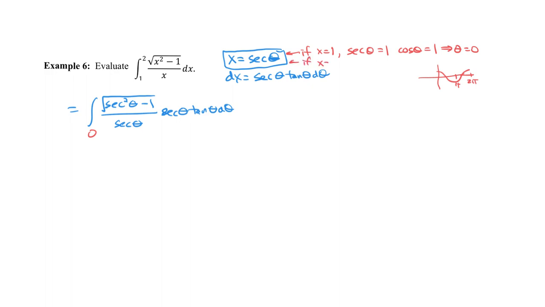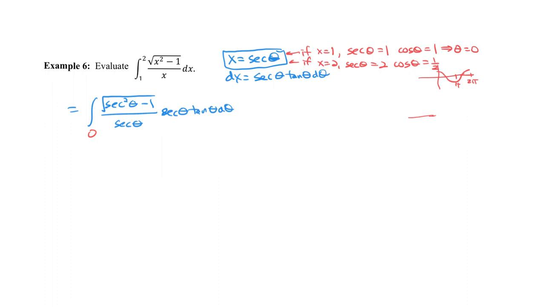if x equals 2, that means secant theta equals 2, which means that cosine theta equals 1/2. Okay, so cosine theta equals 1/2. If we think about where that would be, think about either the unit circle or special triangles.